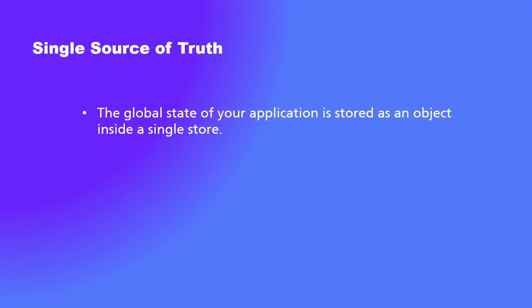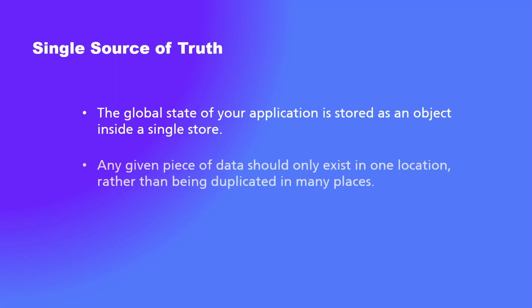First one is single source of truth, which means the global state of your application is stored as an object inside a single store. Any given piece of data should only exist in one location rather than being duplicated in many places.